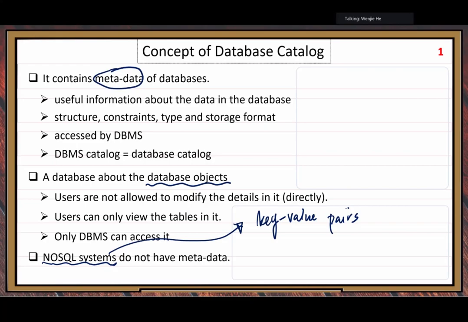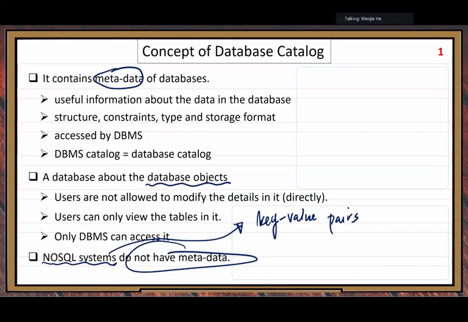Why would you need extra descriptive data for a simple structure? Because in NoSQL systems, you always use key value pairs, just like the JSON data format, JSON objects. In key value pairs, you don't need more data description. It's enough. So that's the special property, the simplicity of NoSQL systems.